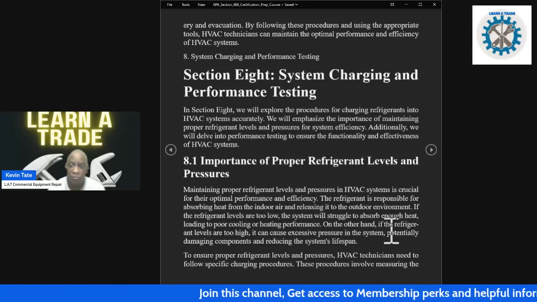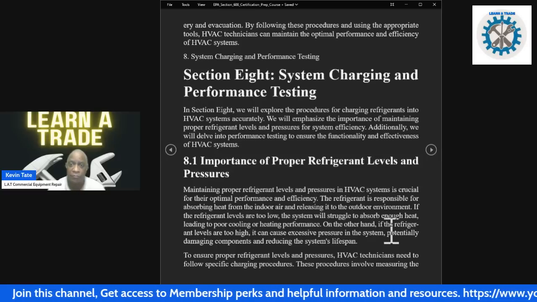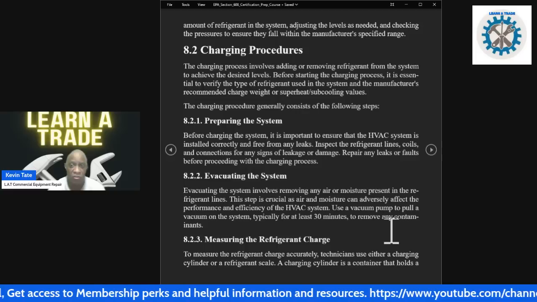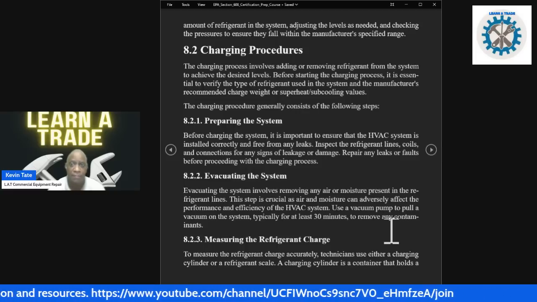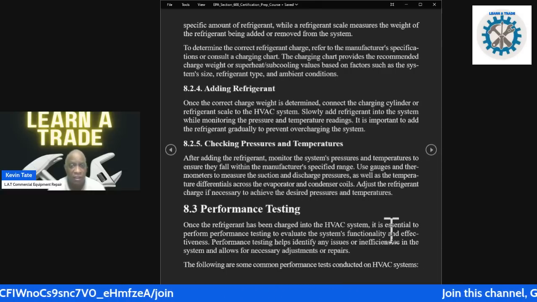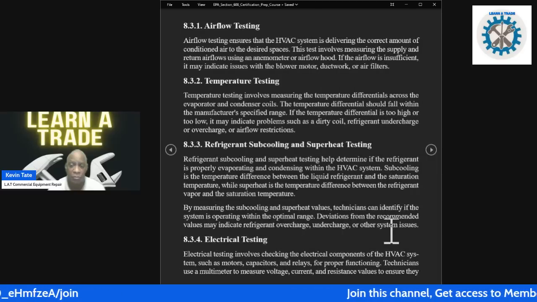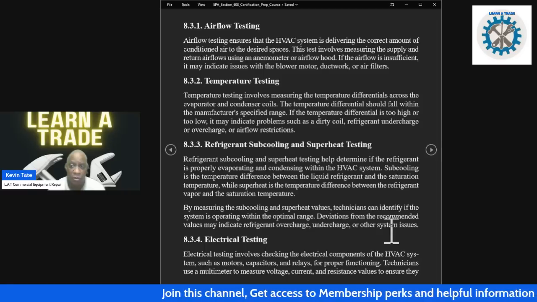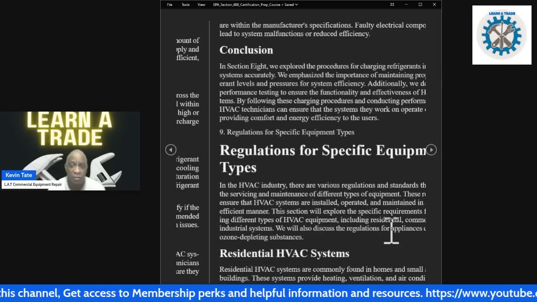The importance of proper refrigerant levels and pressures. Charging procedures, preparing the system, evacuating the system, measuring the refrigerant charge. Adding refrigerant, checking pressures, performance testing, temperature testing, your refrigerant subcooling and superheat testing, electrical testing.